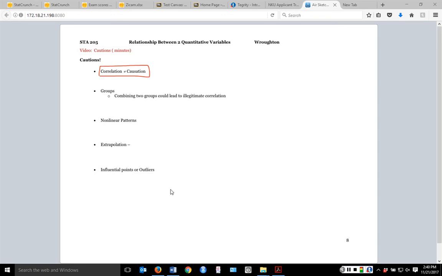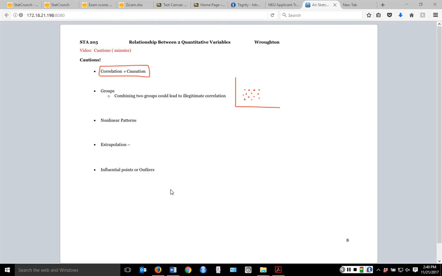Combining two groups could make it look like there's a stronger relationship, or even a relationship that really isn't there if you were to look at things separately. For example, suppose these red dots represent one group.